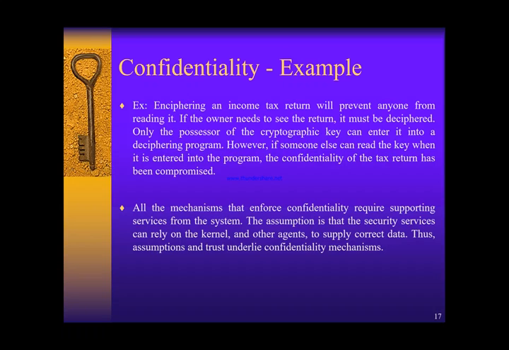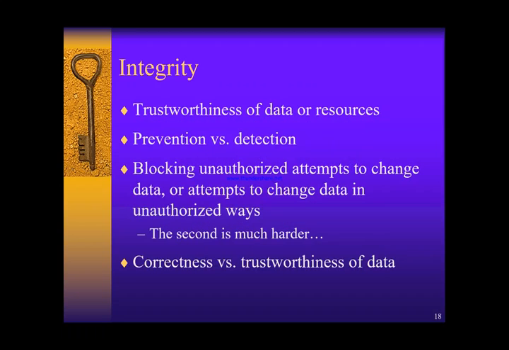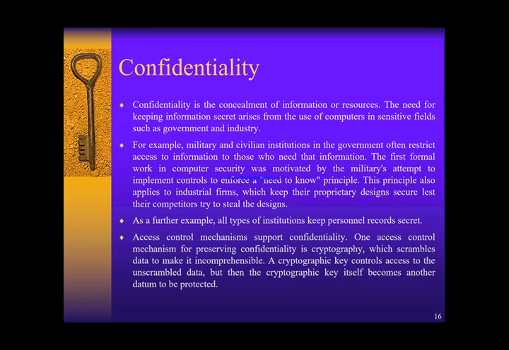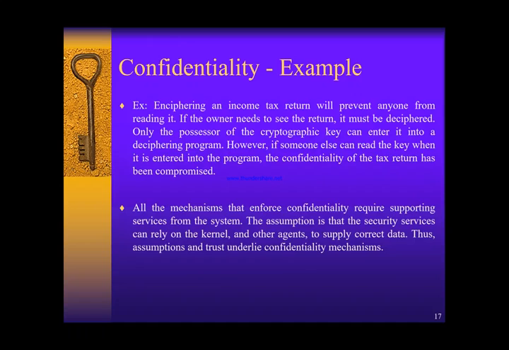Here it is giving the example of income tax returns because it is a confidentiality scenario. So this is confidentiality, because in each and every aspect of our life we are using it. If this is proper, everything goes smoothly.